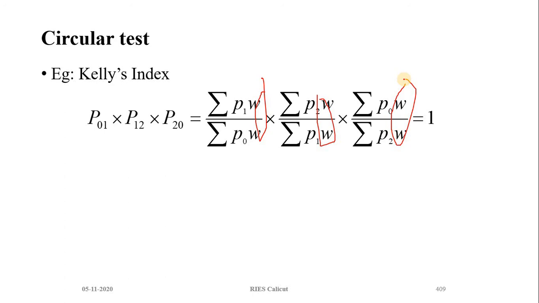That is, if you have more than two periods of data, and you consider different combinations of base year and current year, and multiply all these different combinations, you should get 1. This test is satisfied only by Kelly's index number as well as the geometric average of the price relative index number.